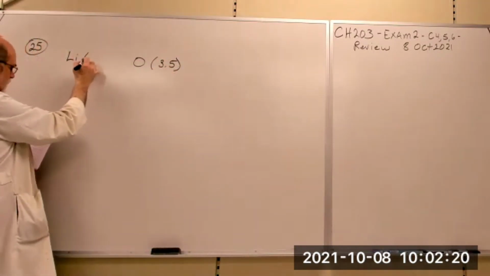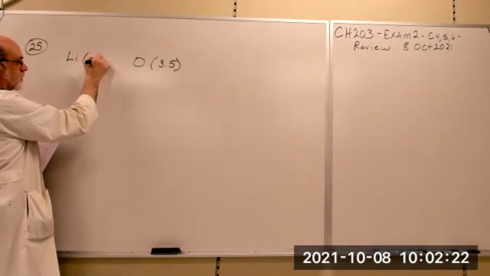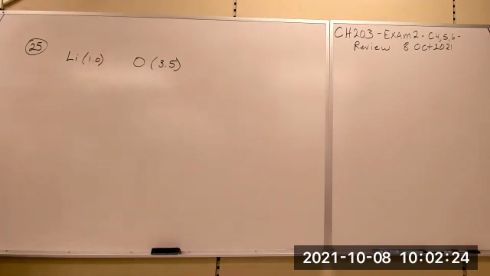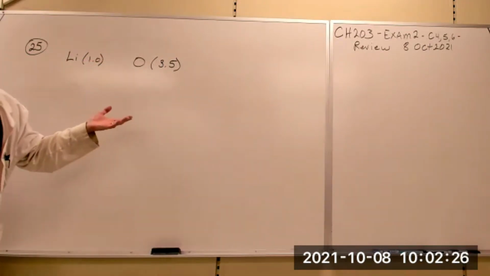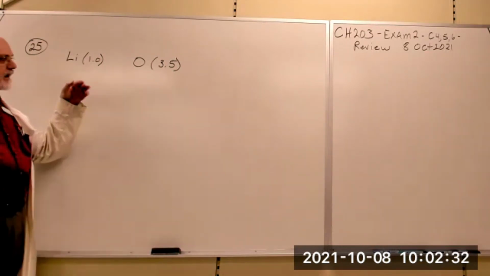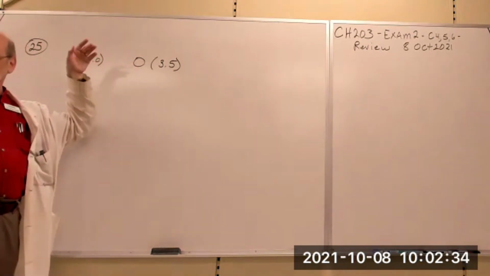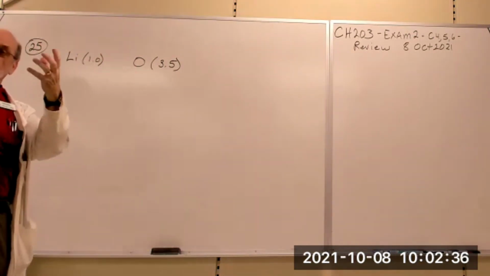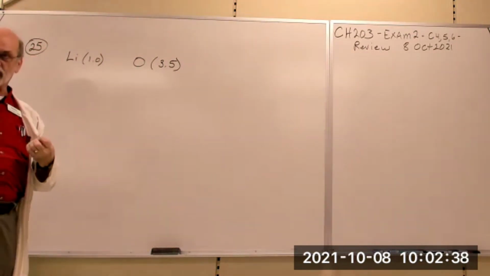And lithium has an electronegativity value of 1.0. Now, what is that relative to? Well, there are several systems for determining and designating electronegativities. That is, how strong does an atom pull on electrons?